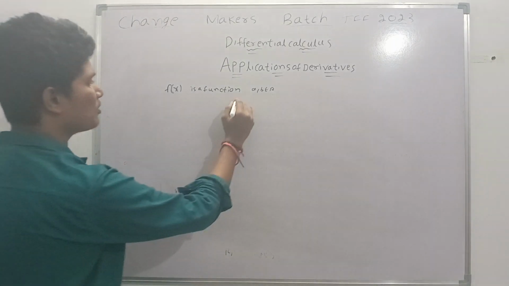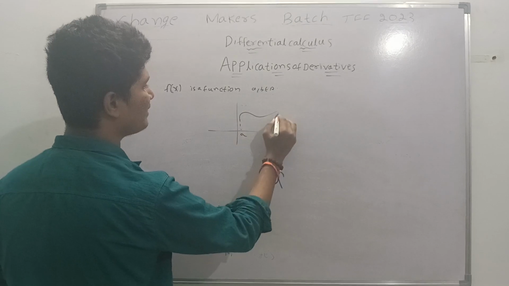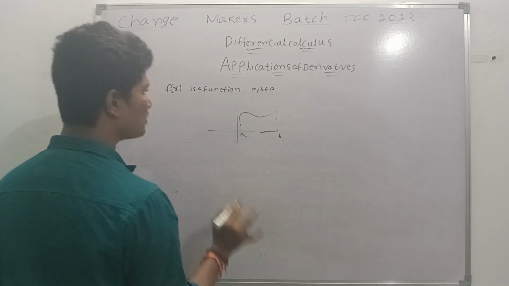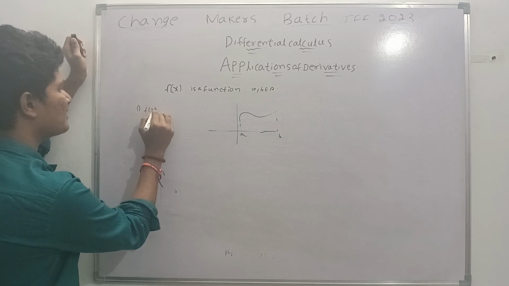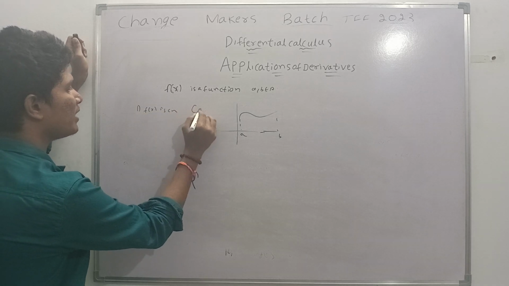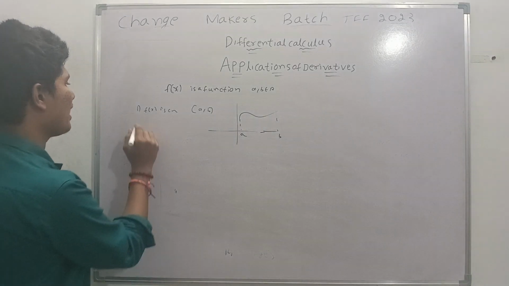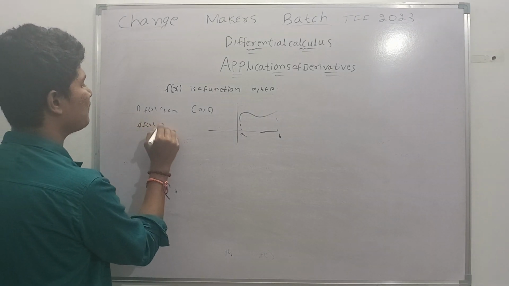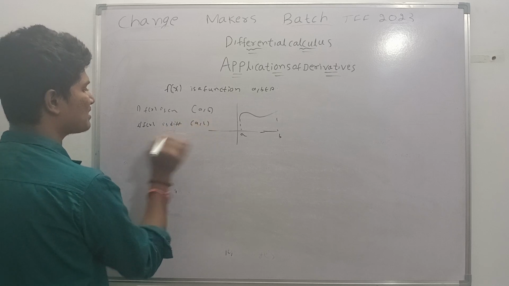What they are saying, suppose there is a function like this. This is a point A, this is a point B. Suppose this is a function. First point, f of x is continuous in the closed interval A comma B. And second, f of x is differentiable in open A comma B. Second point is clear.